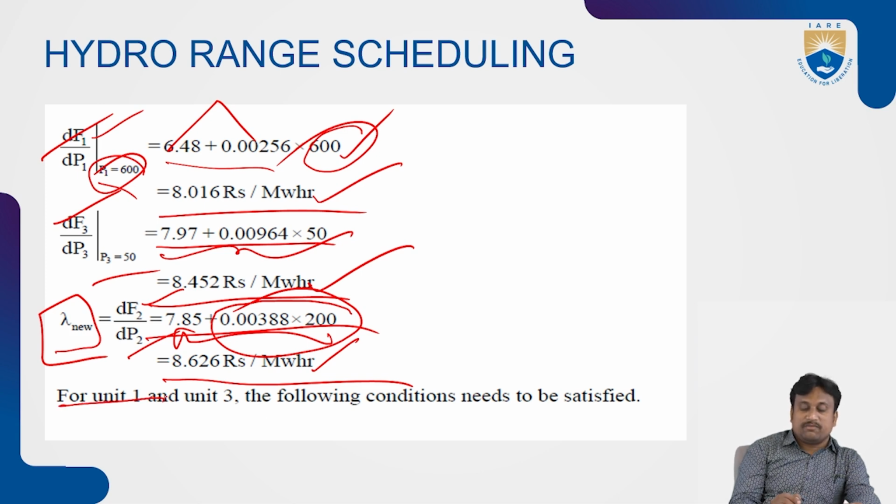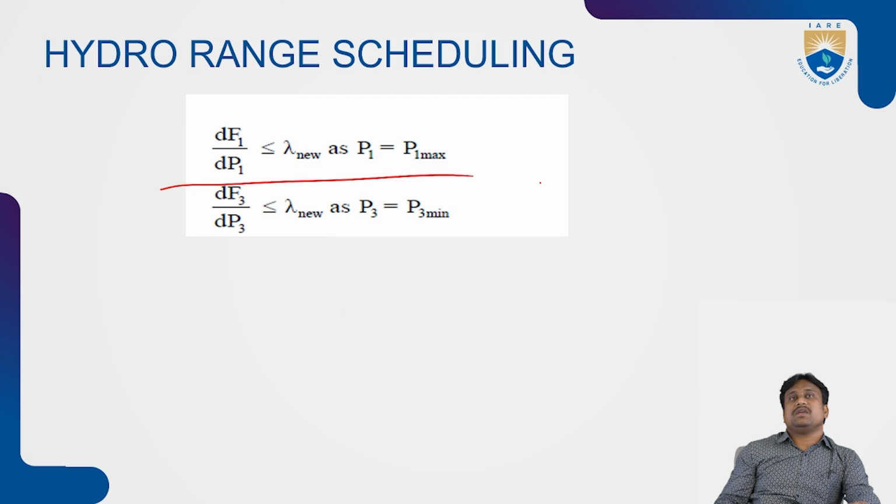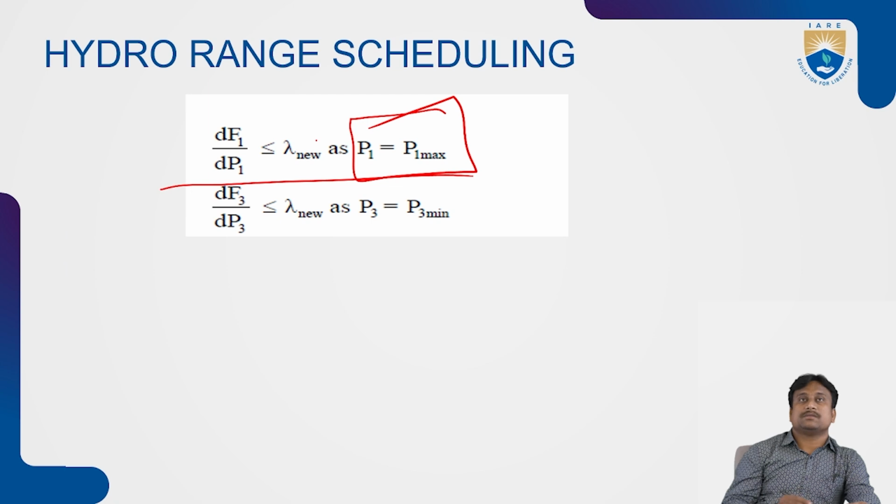So for unit 1 and unit 3, the following conditions need to be satisfied for obtaining various lambda values. That is one of the Lagrange's coefficients. That takes place in between dF1 by dP1 less than or equal to lambda new, as P1 is P1 max, and dF3 by dP3 less than or equal to lambda new, as P3 is P3 min.